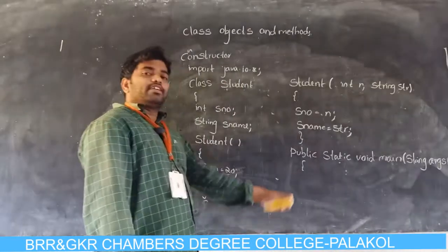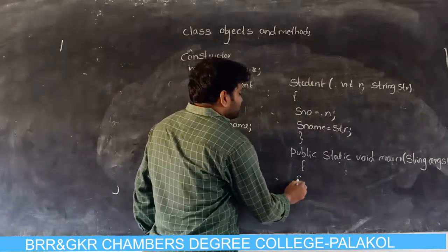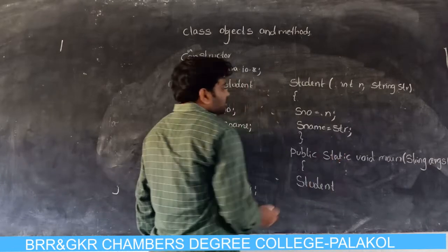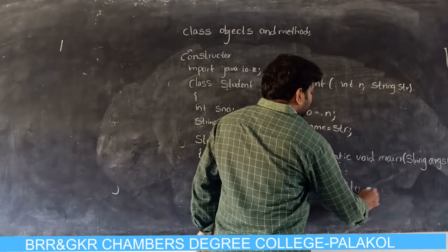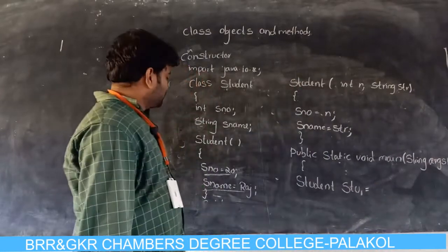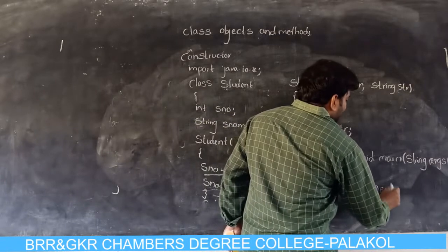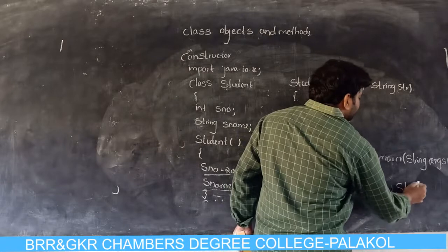You declare the two objects. First one, Student stu1 is equal to the new operator, write the constructor Student.